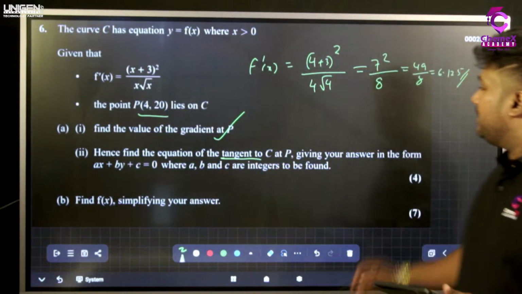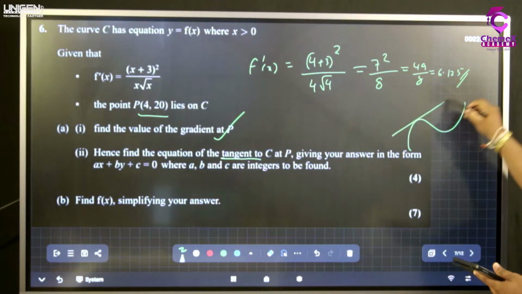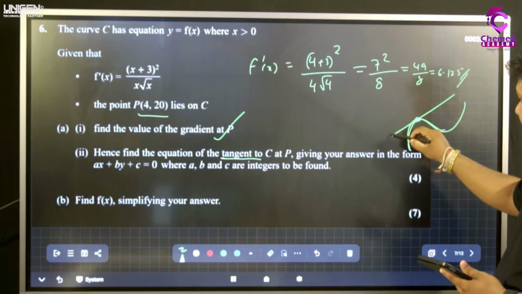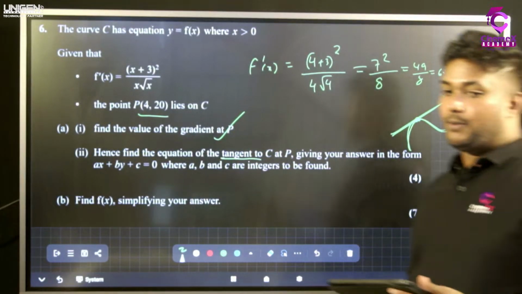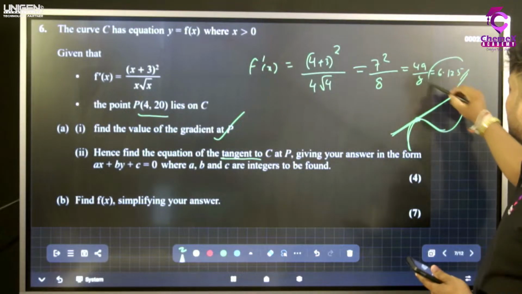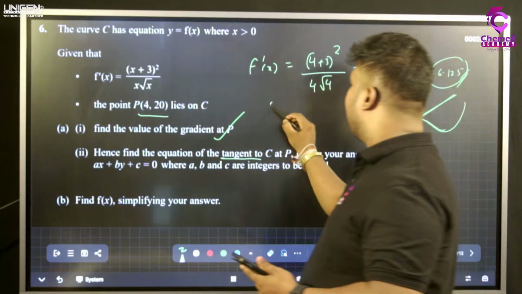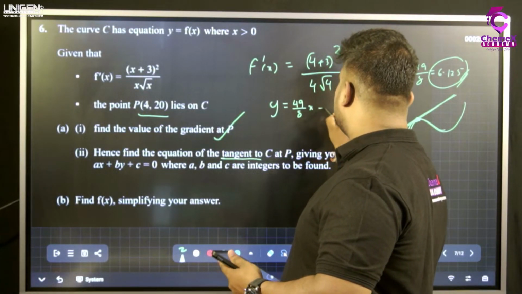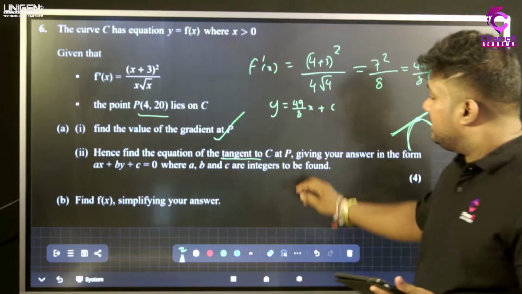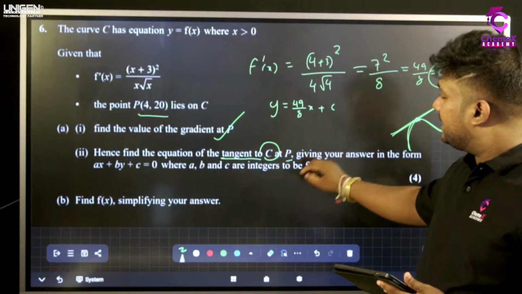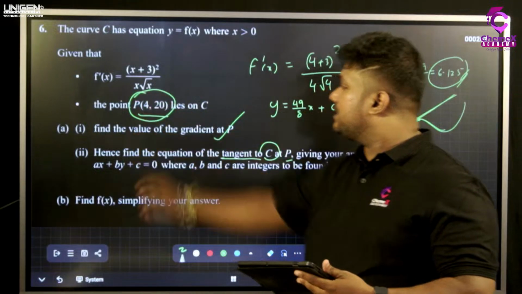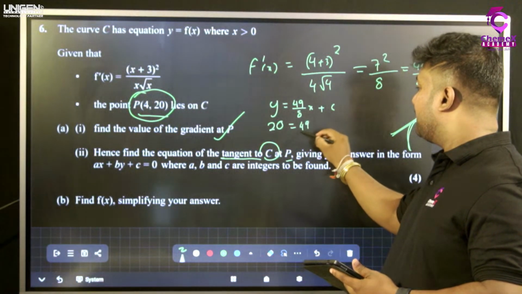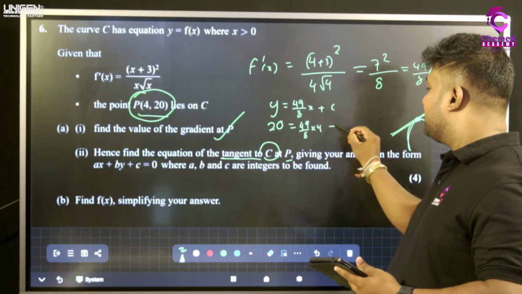So you know, if you have a curve, the tangent gradient is also the same as the curve gradient. This curve's gradient is the same gradient as that straight line which cuts that point. So since this is 6.125 or 49 over 8, you can write y equals mx plus c, where m is 49 over 8, and it is a tangent to the curve at P. The coordinates of P are given in the initial part, so you can find the c value. 20 equals 49 over 8 into 4 plus c.